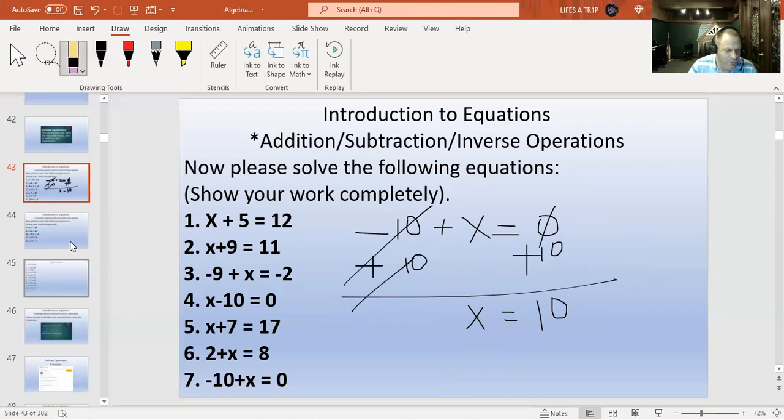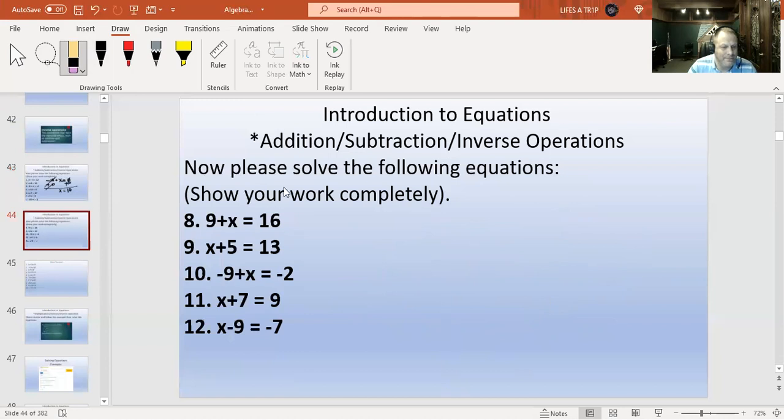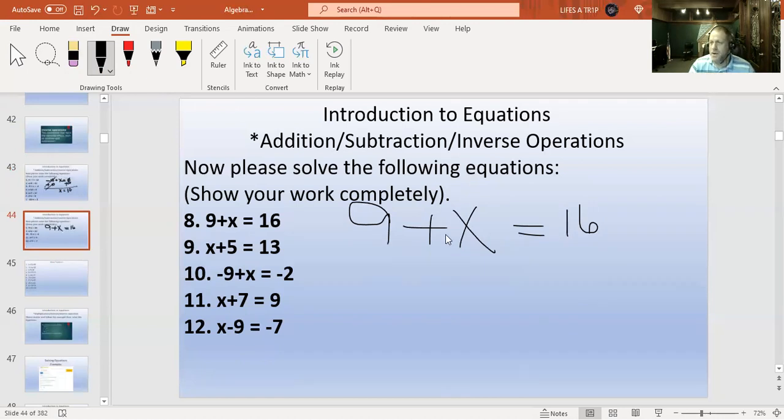And let's look over to number 8. 9 plus X equals 16. All right, guys. If it does make you feel comfortable, you can bring this over, but I want to point this out. Bring your signs over as well.